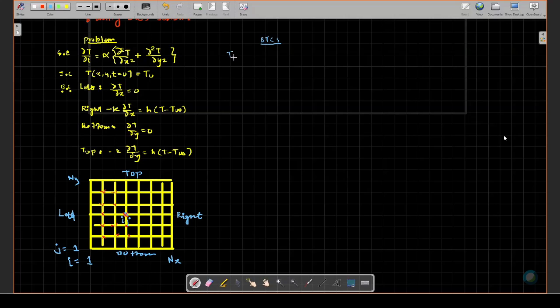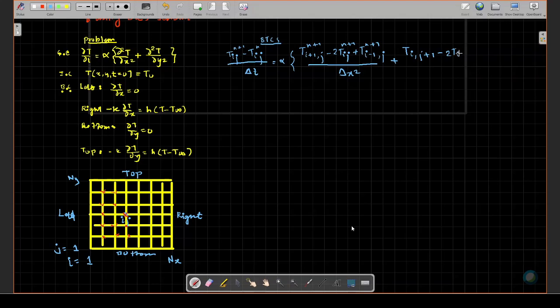becomes (T_ij^(n+1) minus T_ij^n) divided by delta t is equal to alpha times ((T_(i+1,j) minus 2 T_ij plus T_(i-1,j)) all at n plus 1, divided by delta x squared, plus (T_(i,j+1) minus twice T_ij plus T_(i,j-1)) divided by delta y squared).